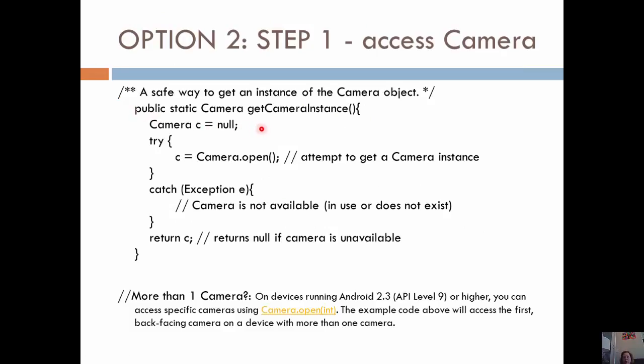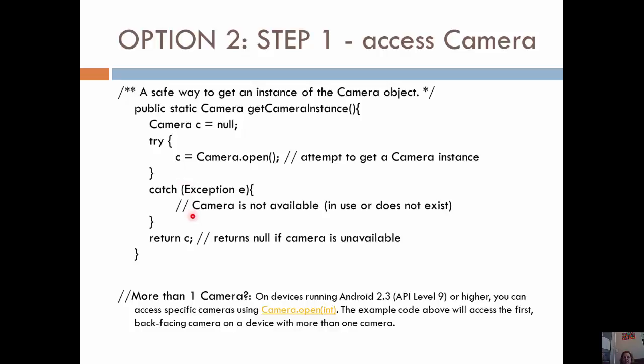Okay, so if we know that's true, one of the things that you need to do next is to get a camera instance. Okay, an instance of the camera class that's associated with the camera you're going to use. So in this method that we're creating, we define a local variable called c, which is an instance of the camera. We use the open static method of the camera class, which will return an instance of camera associated and open, ready for connection.